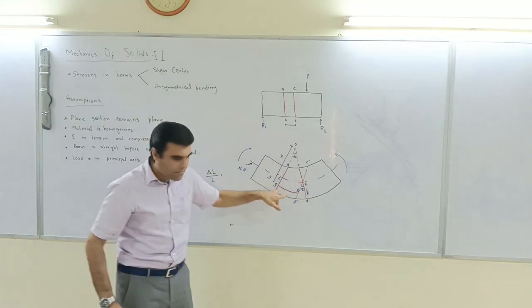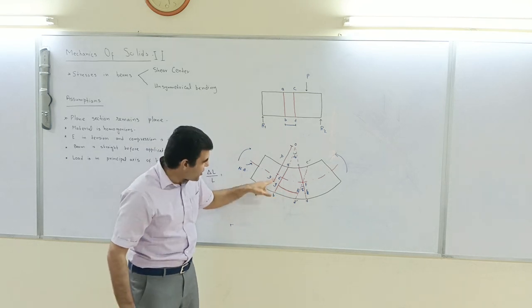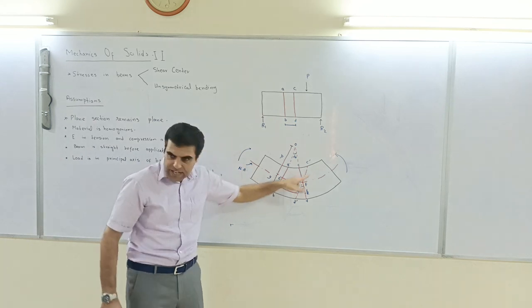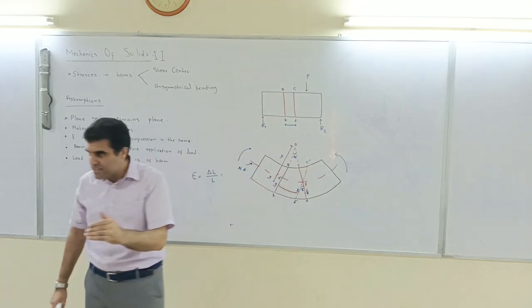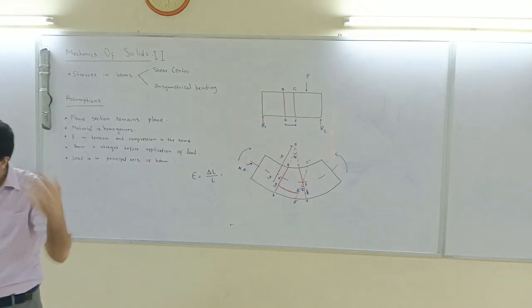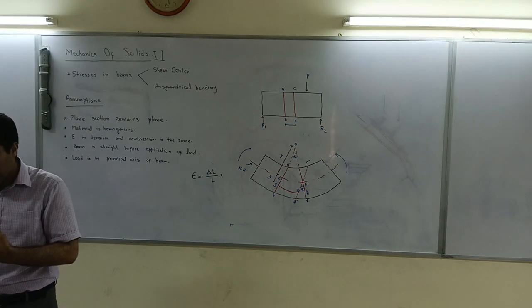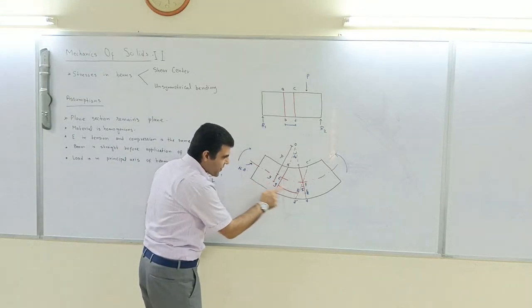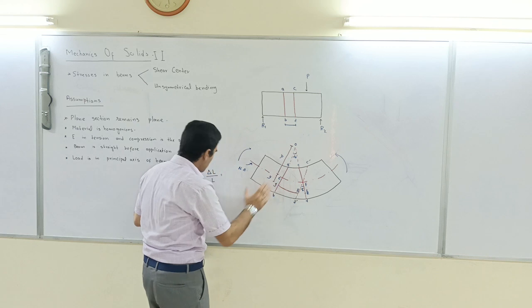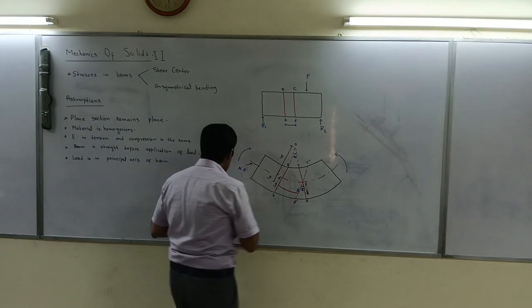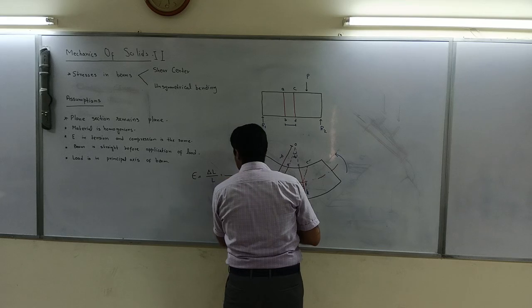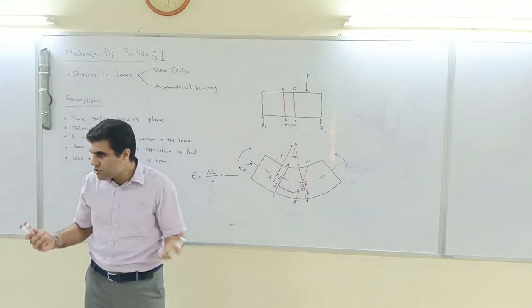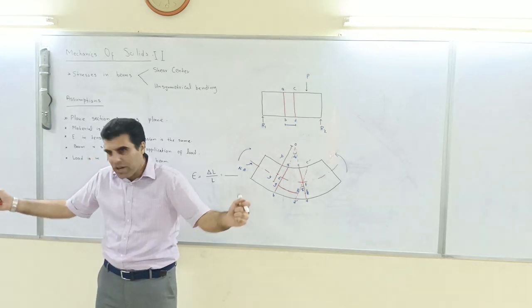Now imagine we take a fiber which is at a distance y from the neutral axis. I told you what the neutral axis is: it is where your stresses are zero. So change in length by original length. What is the original length? The original length is the length of the neutral axis, because the neutral axis has no stresses, so it doesn't get stretched or compressed.